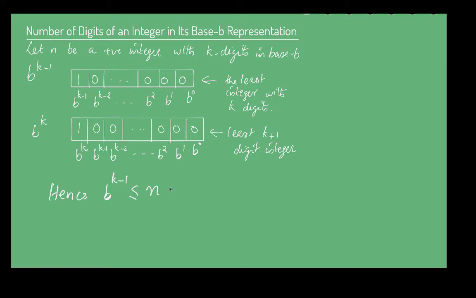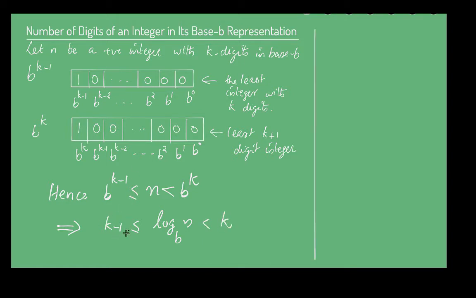And since n is a k digit integer and b raised to k is the least k plus 1 digit integer, n will be strictly less than b raised to k. Now, if we take logarithm to the base b on this inequality, we get k minus 1 less than or equal to log of n to the base b less than k.